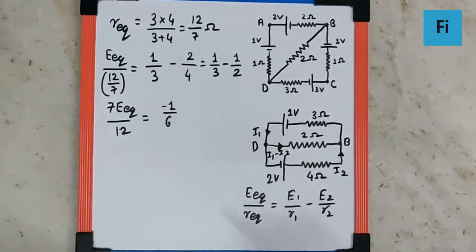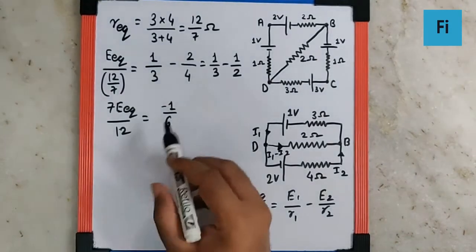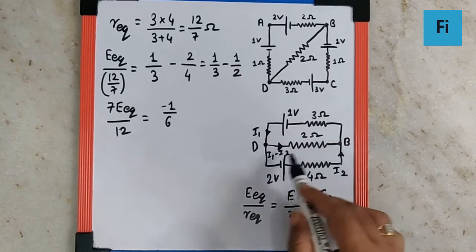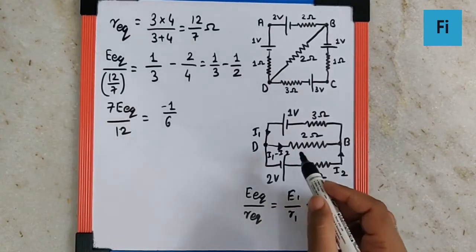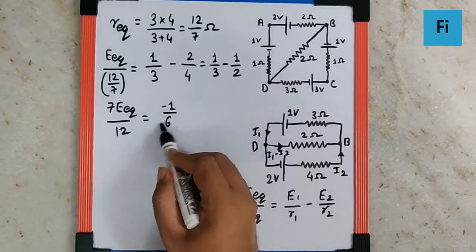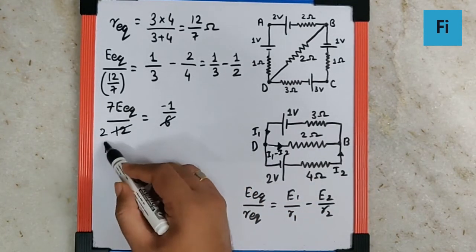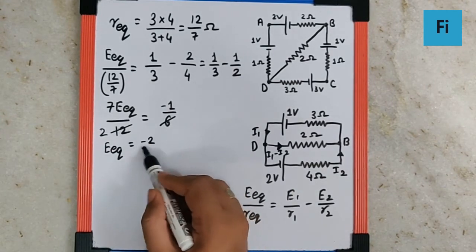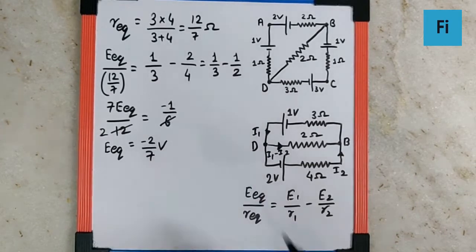Now do not worry about the minus sign in this kind of sums, because the minus sign will just indicate that the direction which we have assumed for the current has an error somewhere. So whenever we find that minus sign, we can rectify that later on. So 6 2s are 12, that gives us E equivalent as minus 2 by 7 volt.